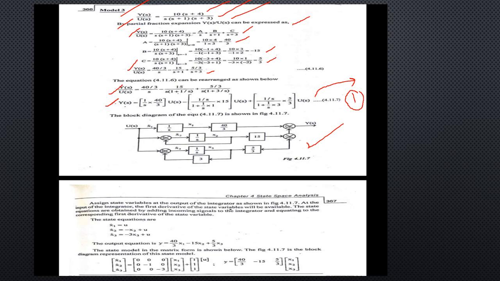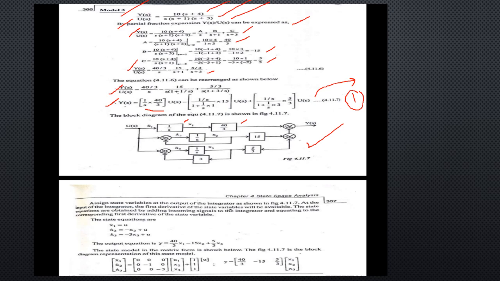If we observe the figure clearly, what is the first term in the Y(s) equation? The first term is (1/s) into 40/3. In the block diagram, the 1/s block and the 40/3 block are cascaded, so the resultant is 40/3 into 1/s.